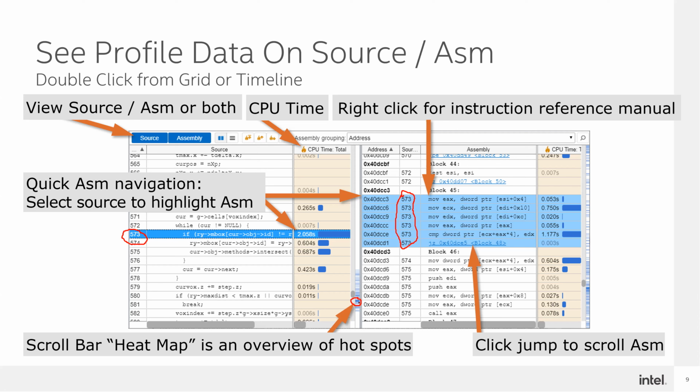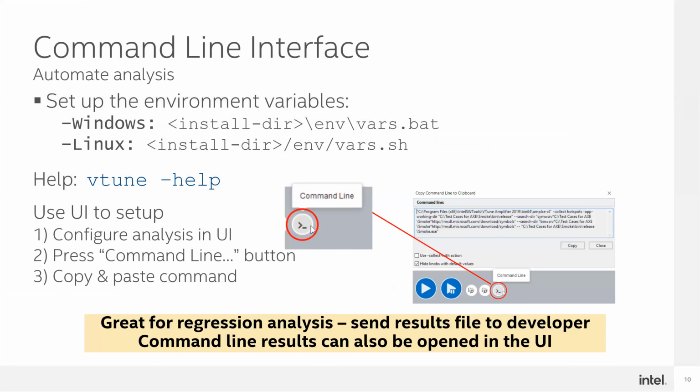So for quick navigation, you can use the heat map, or you can even use this here for hotspots to navigate quickly to the largest hotspot or the smallest hotspot and so forth. So these are all nice features to make life easier.